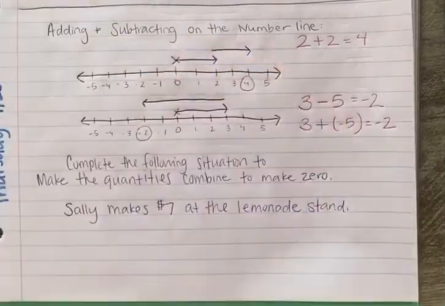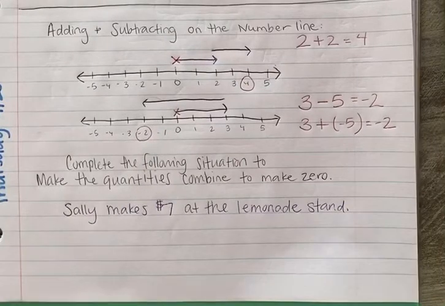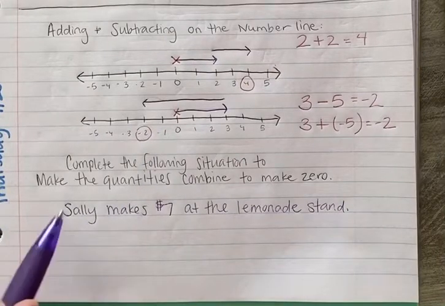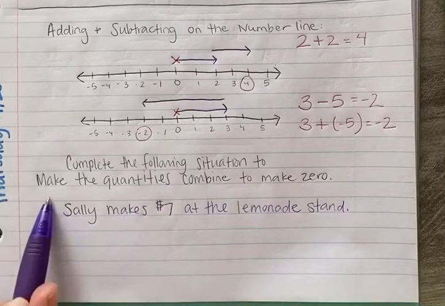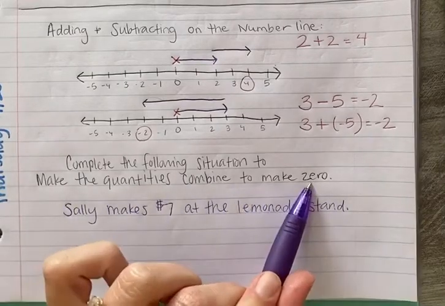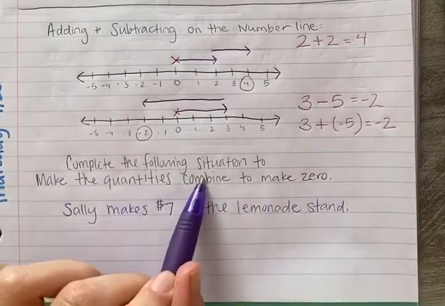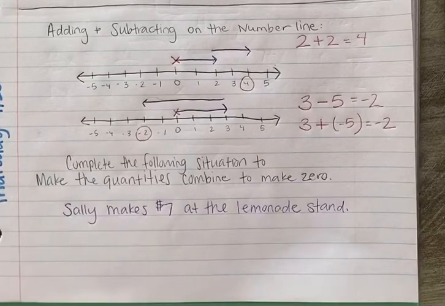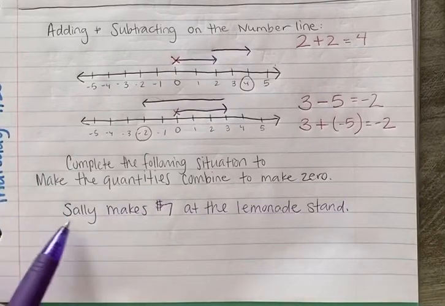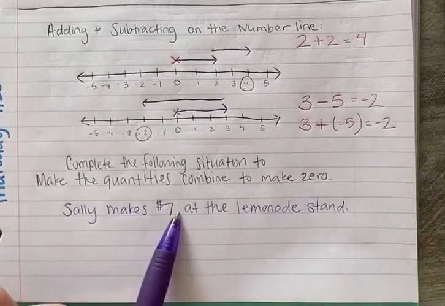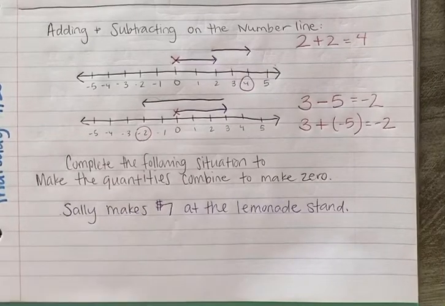So she's working the lemonade stand, she makes $7. So how would we make this situation go back down to 0? So we want to make the quantities combine to make 0. What could happen for Sally to go back down to 0? So right now she has $7. What would have to happen is that she somehow loses $7.